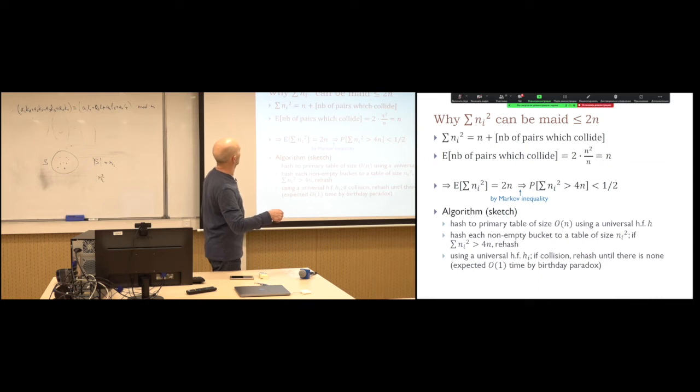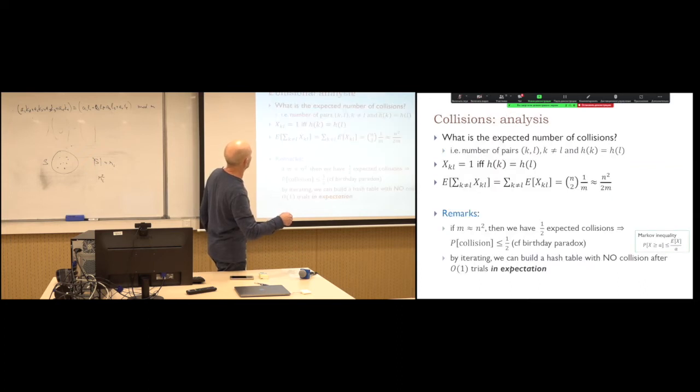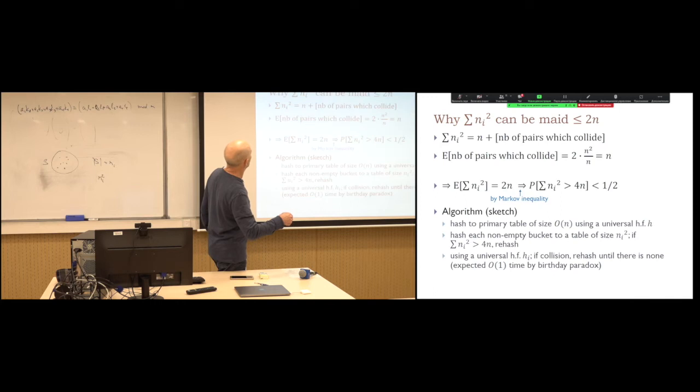So the denominator is a typo. Here I assume that the size of the hash table is 2n, right? Yes, and you should have written m in the denominator. But I don't see where I said that it's 2n. I should say it somewhere. I don't remember if maybe n or 2n. But anyway, it's some constant times n.